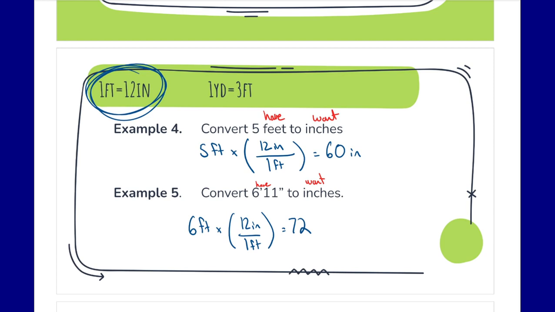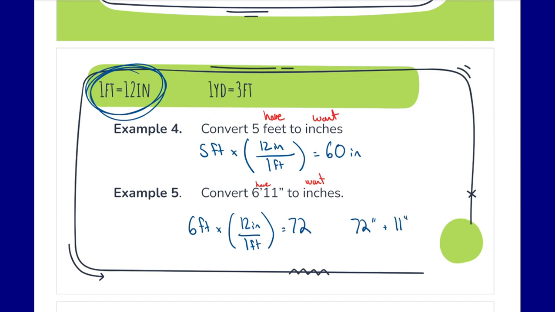But what we then need to do is take the 72 inches and add on, we'll use the quotation marks for units, just so we don't confuse IN and then the plus sign with a T. So we're going to take the 72 inches, which is 6 feet.